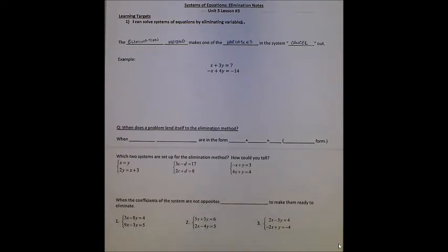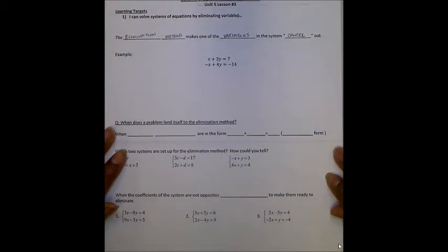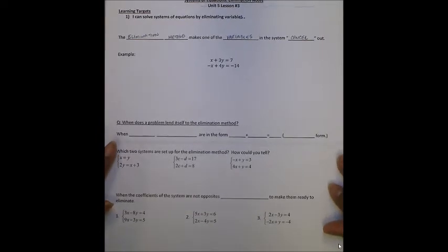Given the choice between any method, I typically will use elimination. Okay, comes natural to me, makes it feel like there's less work, but all the methods have some good things about them. Probably elimination and substitution over graphing.